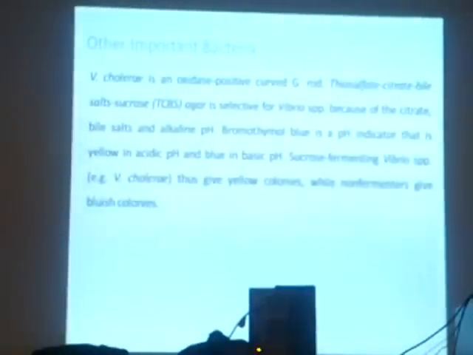Now, Vibrio cholerae is an oxidase positive curved gram-negative rod. It is also curved, with a comma-like shape. We have an agar selective for Vibrio species called thiosulfate citrate bile salts sucrose agar. From its name, bile salts make it a selective medium.